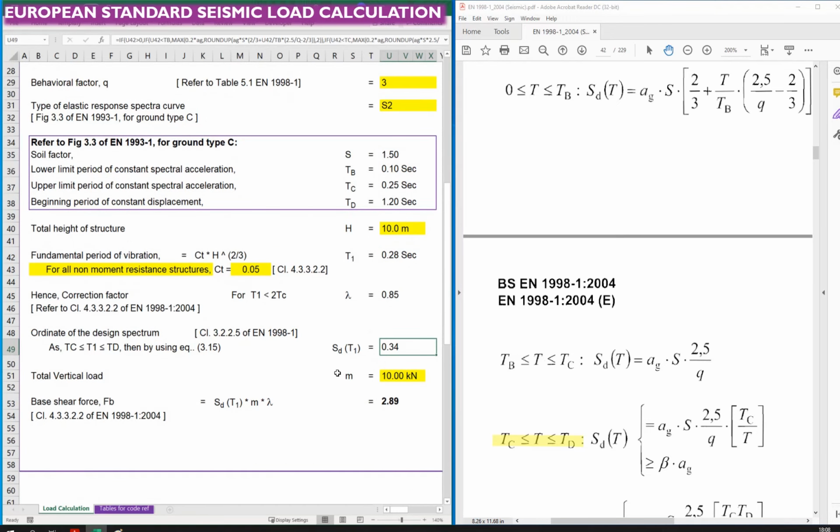Finally, I am getting the St of T1 value as 0.34.